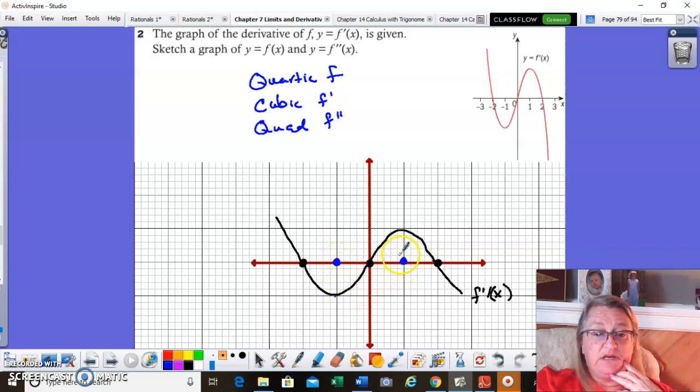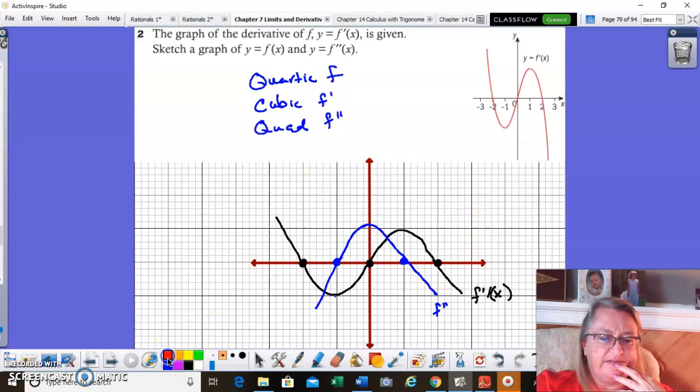Between these two, it is actually positive slopes, so it should be above the x-axis, and on this side it's negative slopes, and on this side it's negative slopes, so those should be below the x-axis. I think I put that wrong on my paper. So it should be above the x-axis here, and below the x-axis there. So there's my second derivative.